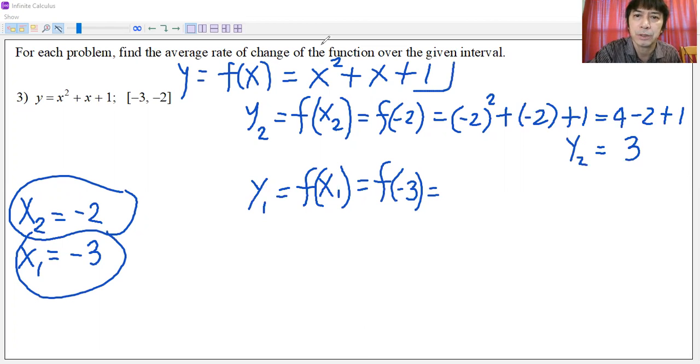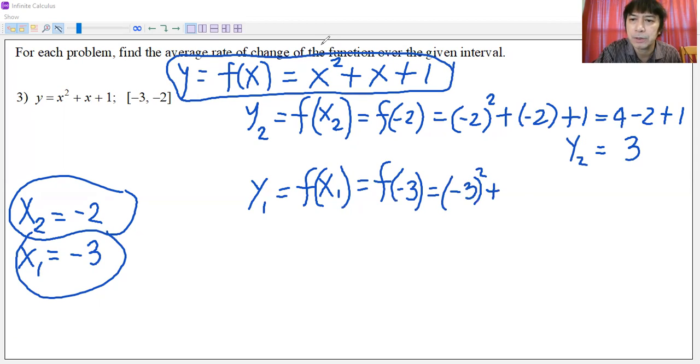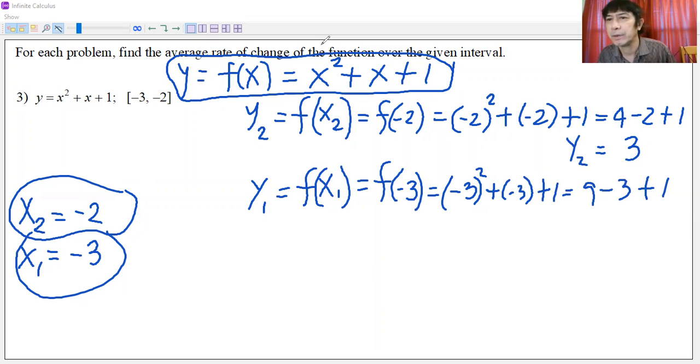So we have now -3 squared plus -3 plus 1. This computes to -3 squared is +9, plus -3, plus 1. So this will become 10 minus 3, which is 7. And this is our y1.